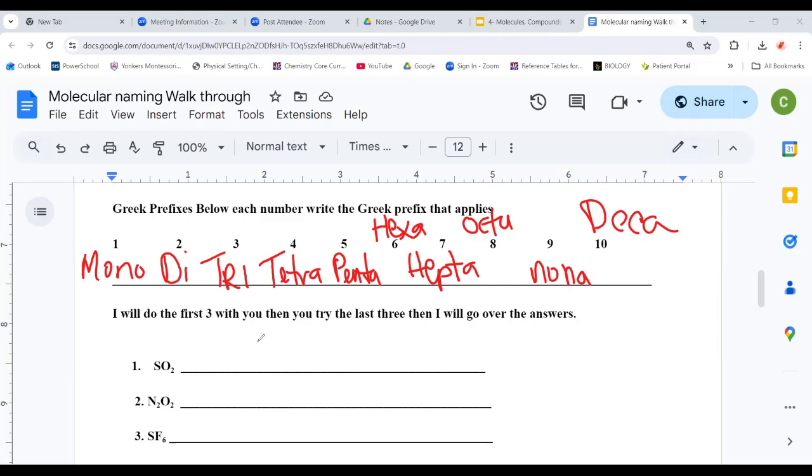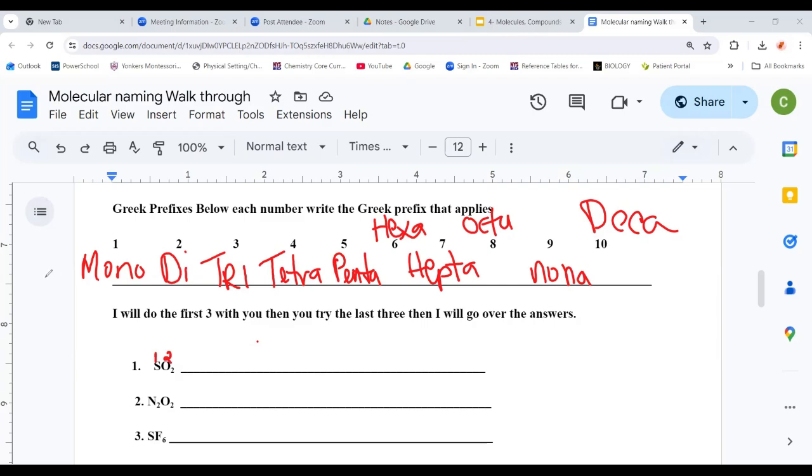Now, with these prefixes in front of you while you're doing the worksheet, you now can try your hand at writing names from formulas. So when you're writing names from formulas, you're going to go ahead and give both elements a prefix, depending on how many you have, and then the second element only, here's the first one, and here's the second one, will get the ending ide.